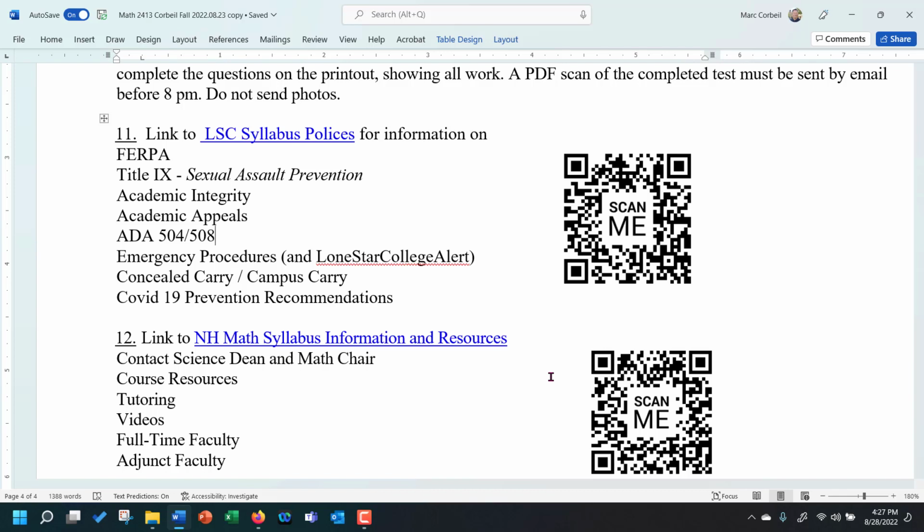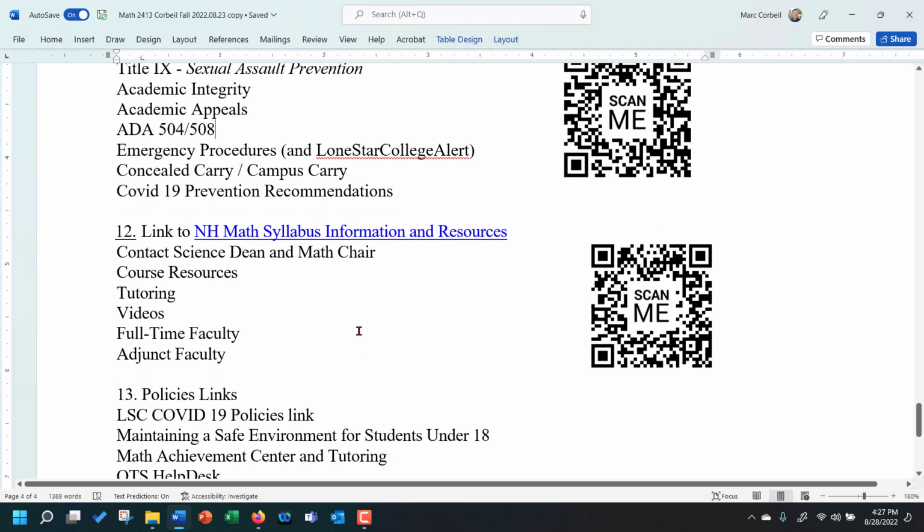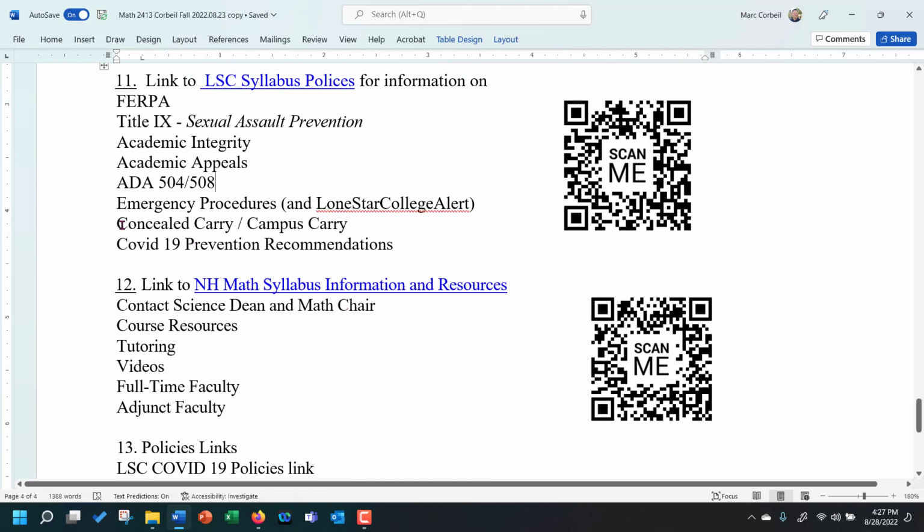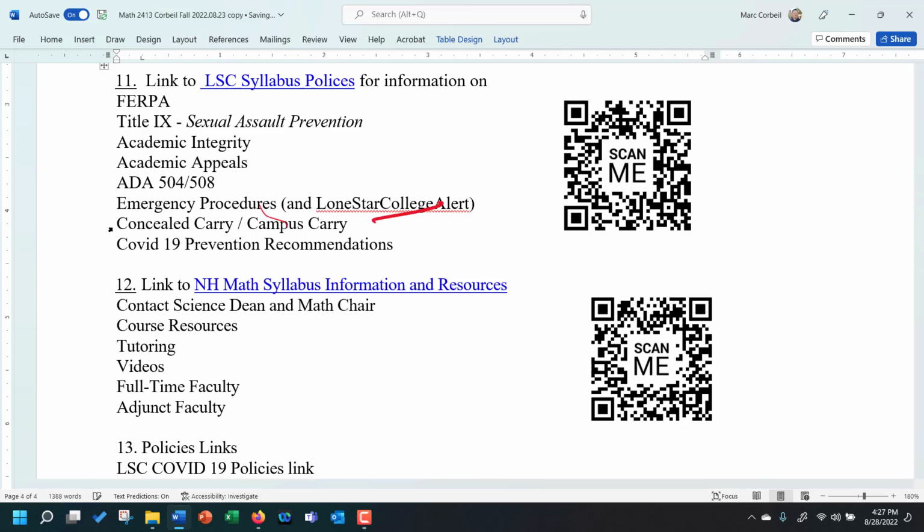There are a lot of other policies, emergency procedures, concealed carry policies, all of that. Just on a real touch on the concealed carry, just remember there are a couple of safety things about that. Campus carry is allowed, but it can be limited. So if you're going into certain office areas, the labs, stuff like that, we don't permit concealed carry or campus carry in the lab area because it's got gases and stuff and it's dangerous.